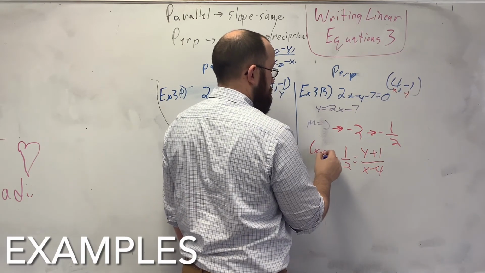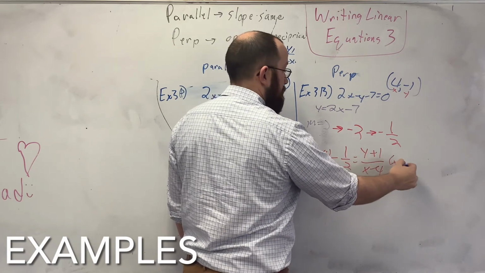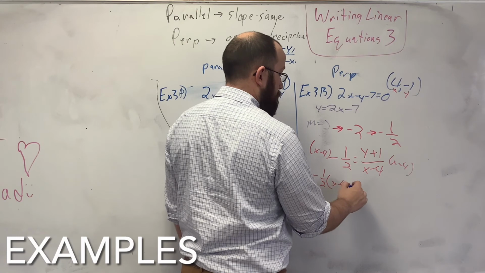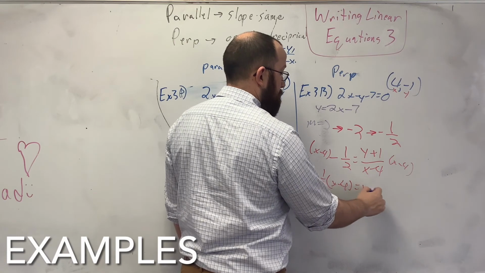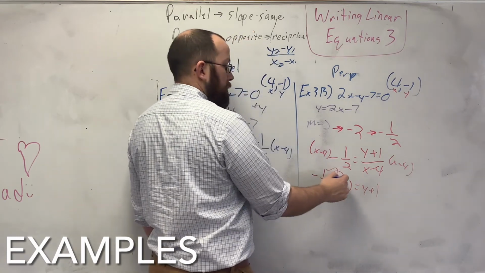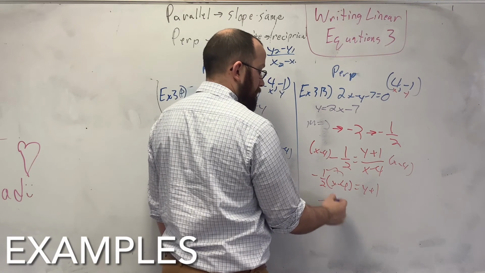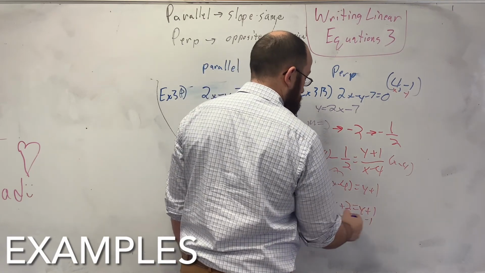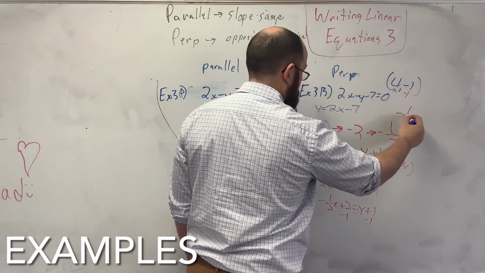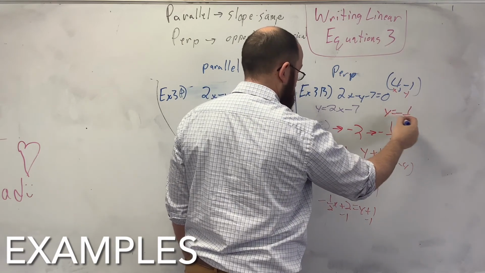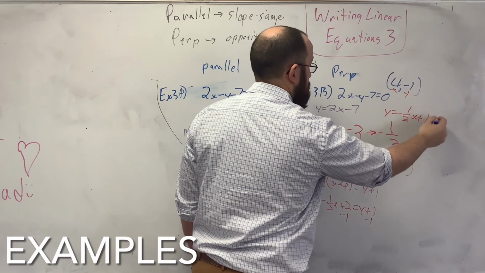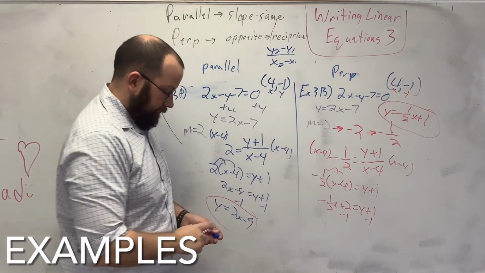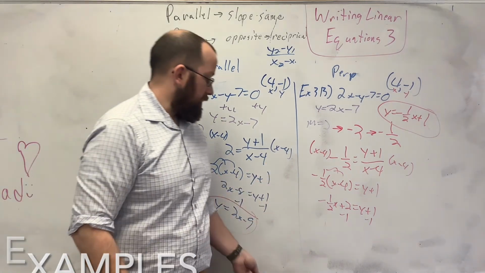Multiply both sides by x minus 4: negative 1/2 times x minus 4 equals y plus 1. Distribute, so negative 1/2 x plus 2 equals y plus 1, minus 1, minus 1. So y equals negative 1/2 x plus 1. That's perpendicular, this is parallel.